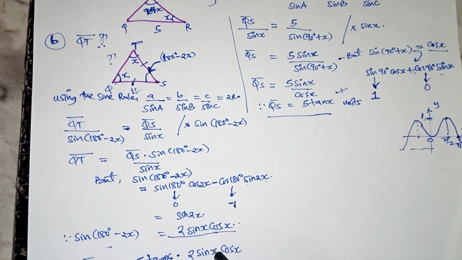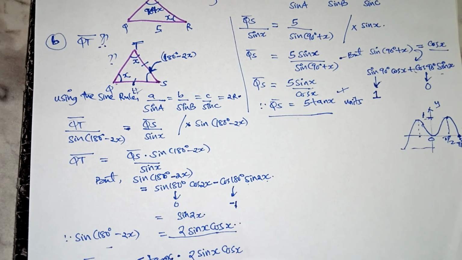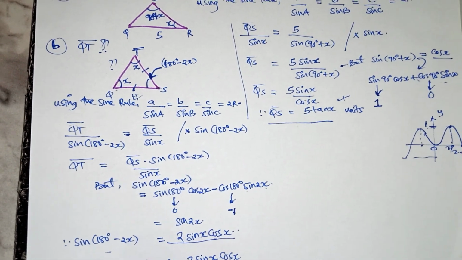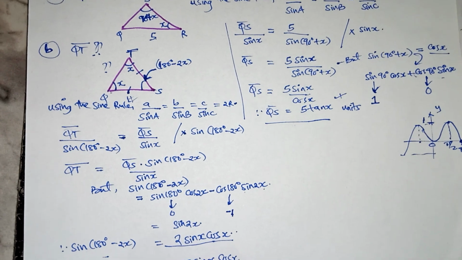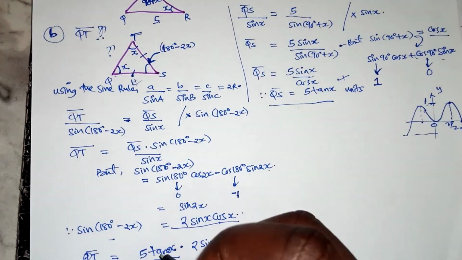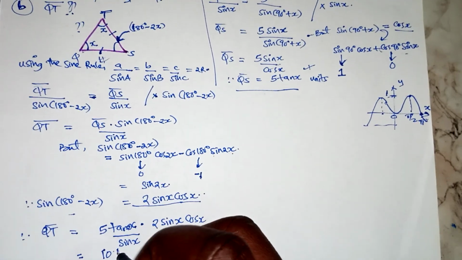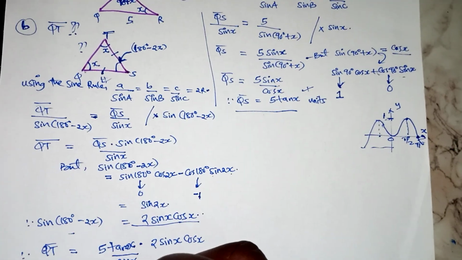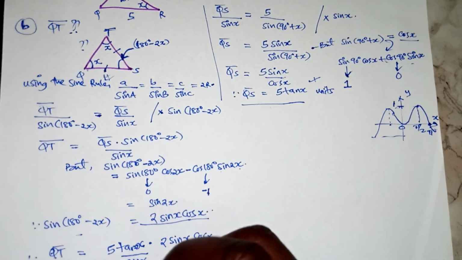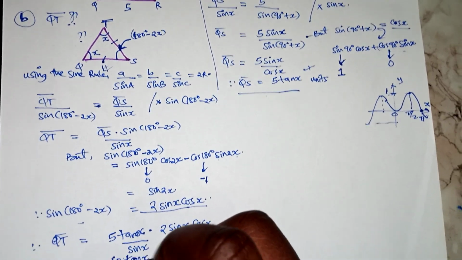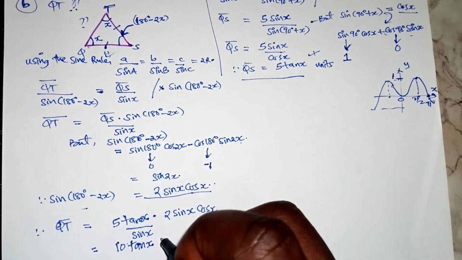So this sine x dies out with this one. We remain with 10 tan x cos x.